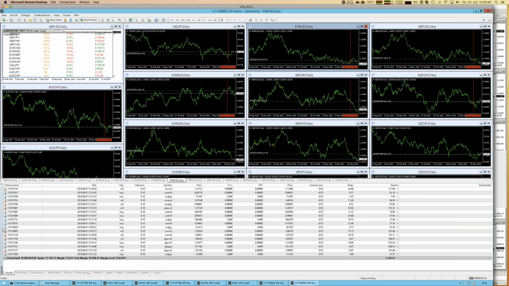Since I don't know in which direction any pair will finally go, I only focus up to now on my profits on swaps. If you sum up that table here, it comes to about 200 euros. That's what I have earned already.